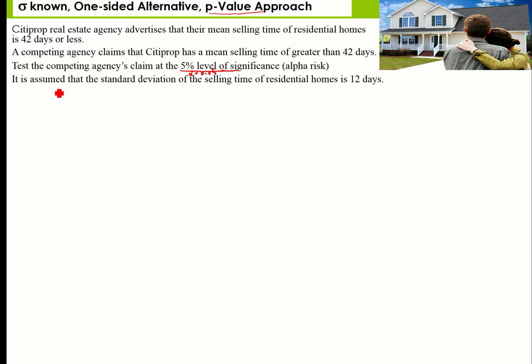It is assumed that the standard deviation of the selling time of residential homes is 42 days. So we have the standard deviation of selling time of all homes, which is the standard deviation of the population, denoted by sigma.